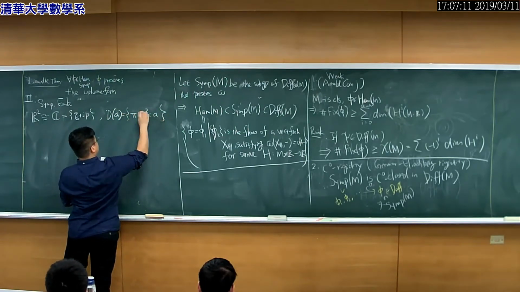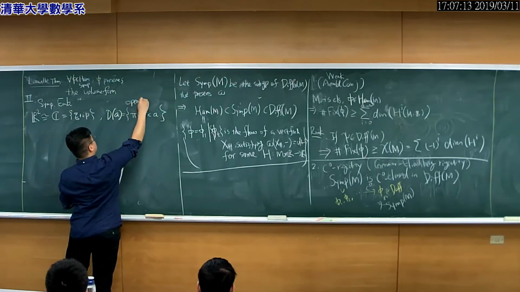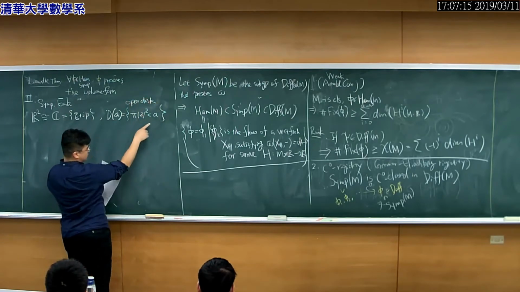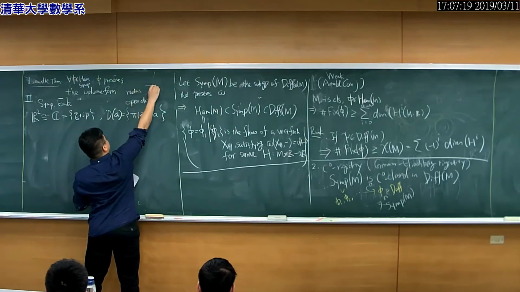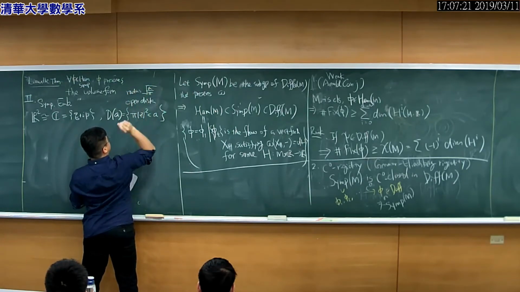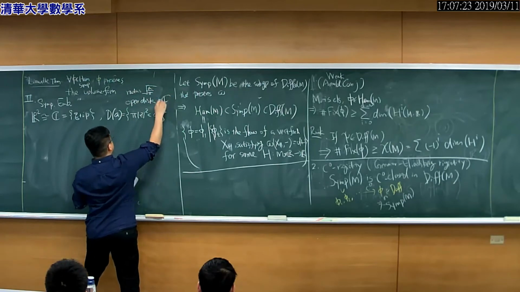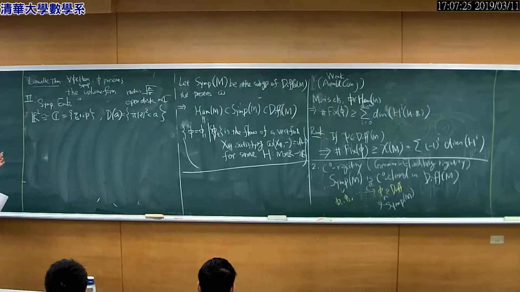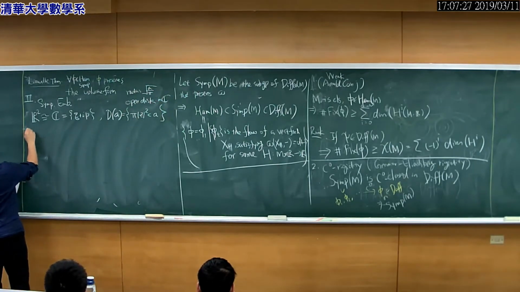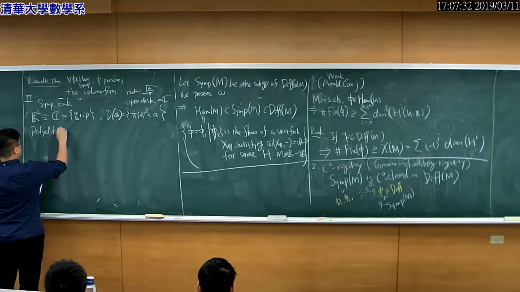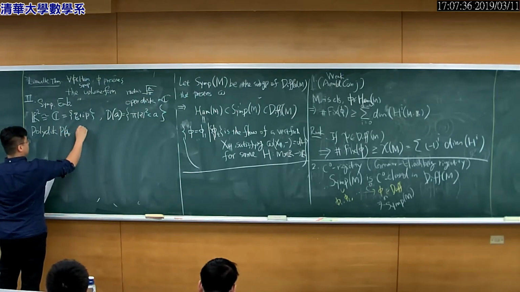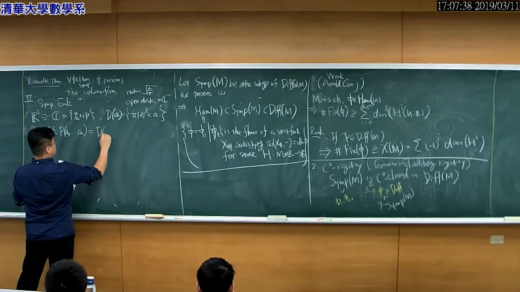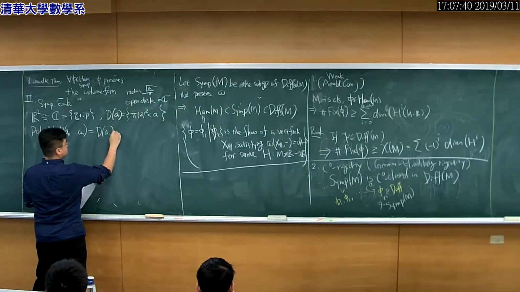B^2(A) is the open disk of radius square root of A over pi, a two-dimensional open disk, and the topology is P(A_1, ..., A_N), which is just the product of all such things.